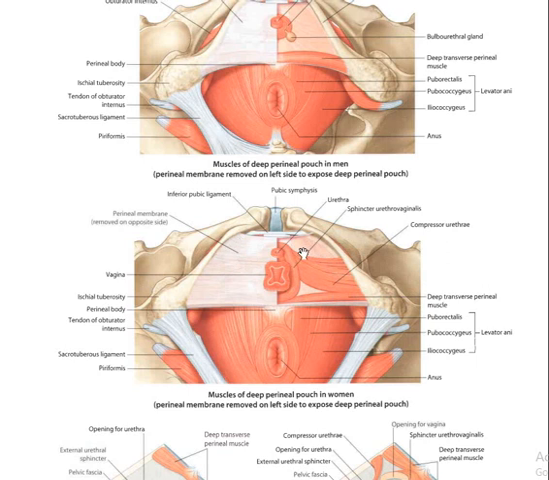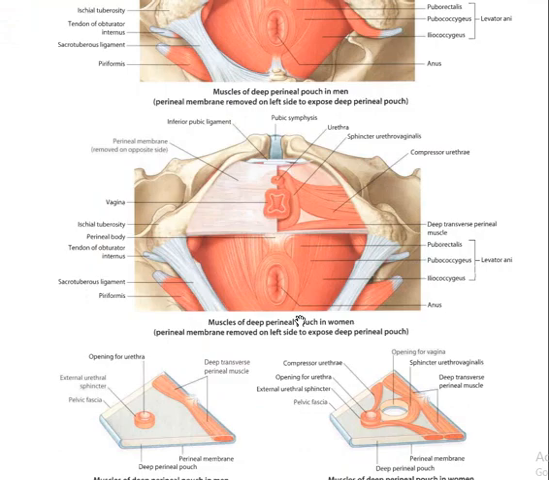Here at this position, if you enclose it, you're going to have the perineal fascia, which is going to cover the deep perineal pouch superficially. So now, you're going to have the vagina. Here's the perineal body. Here you're going to have the deep perineal muscle. Posteriorly, here is going to be the levator ani.